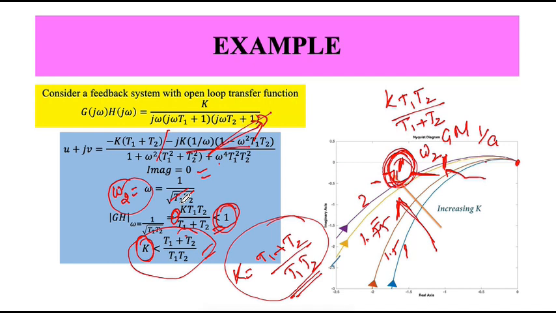When k is equal to 2, t1 is equal to 1, t2 is equal to 1, this will become 2 into 1 by 2 is equal to 1. Okay, the k value will be 2. We have studied earlier a dot a is equal to 1, in a similar way. So I can compute analytically and check by the plot.